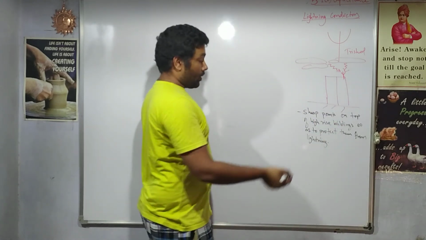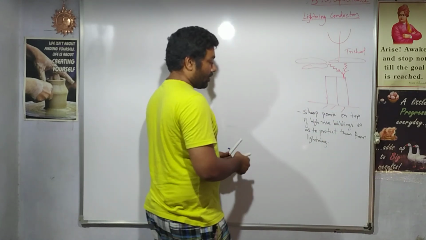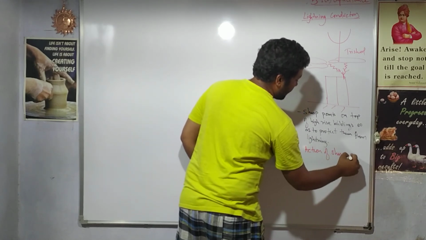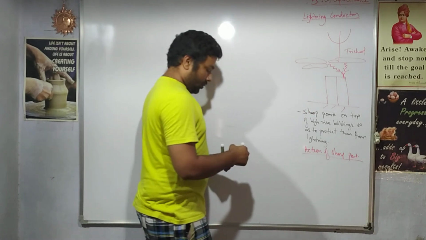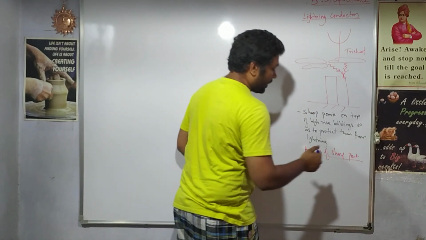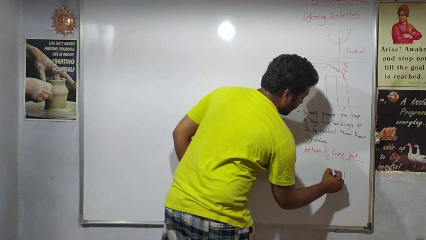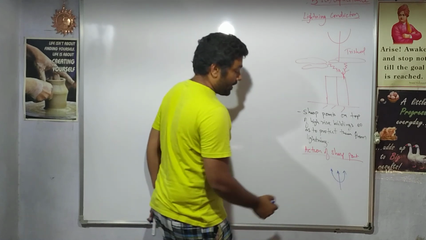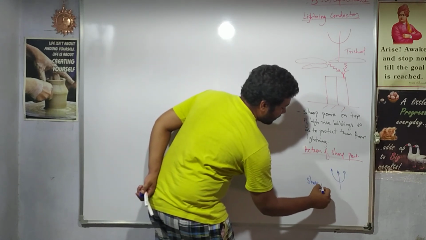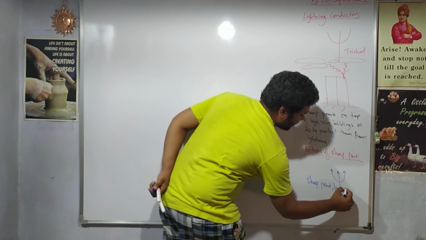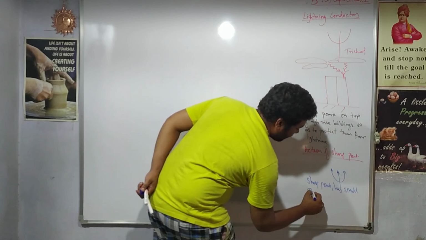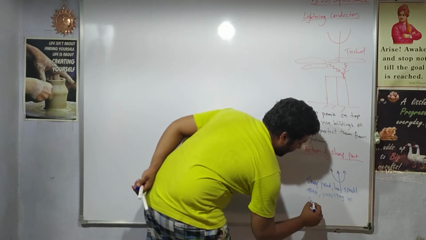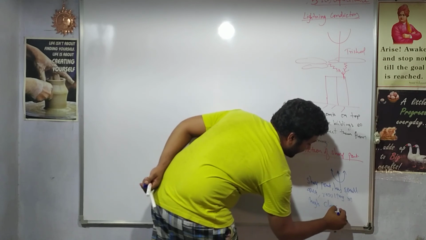Now what do the sharp points do? Let us see the action of sharp points. Whatever may be the charge on the surface, what happens when the sharp point's area is small? A sharp point has small area, and this small area results in high charge density.